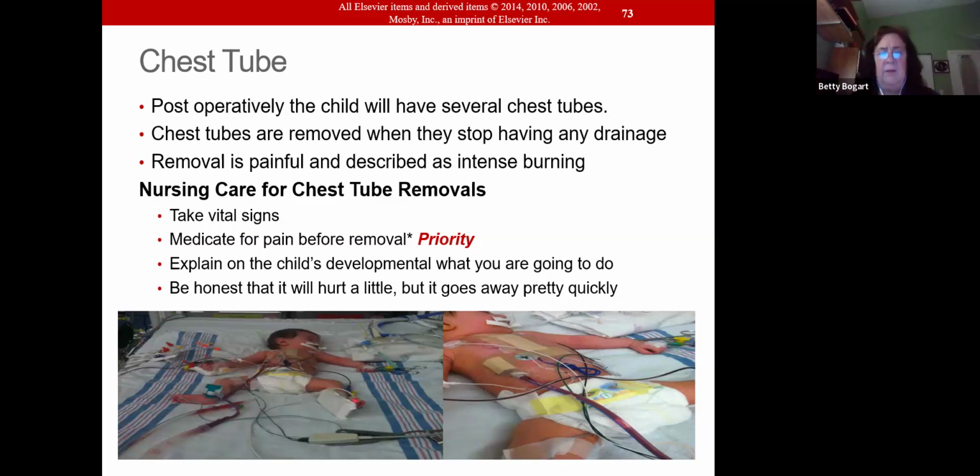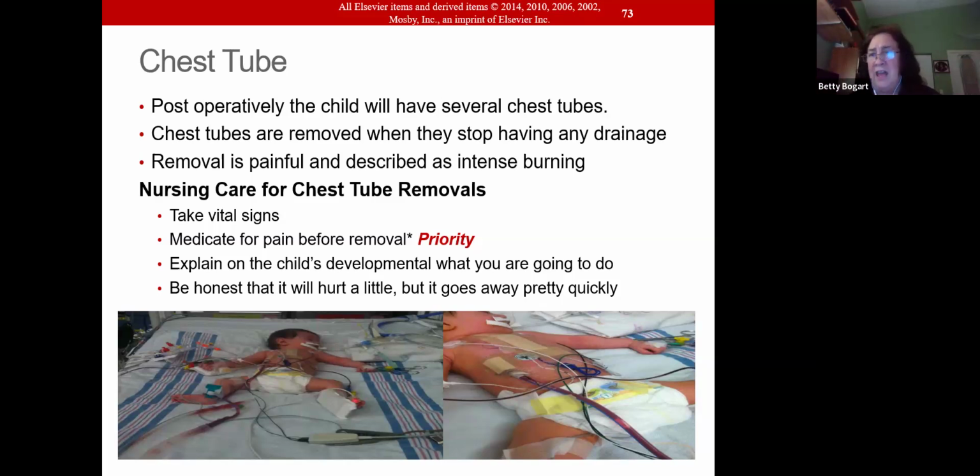Now, remember, especially if the child's old enough to understand, make sure you take the vitals, give them something for pain. I've worked in the adult open heart area on the night shift, and 6 a.m. was the time they pulled out all the chest tubes. So I've pulled out hundreds of adults' chest tubes.